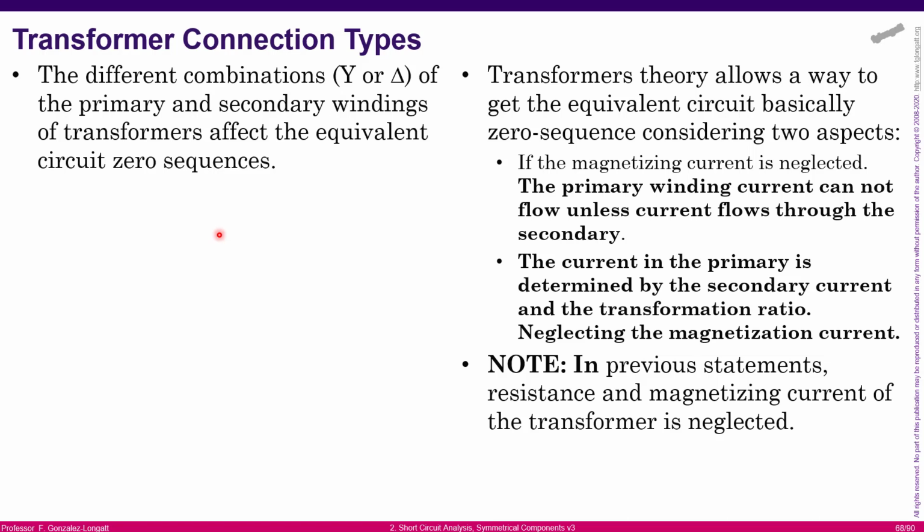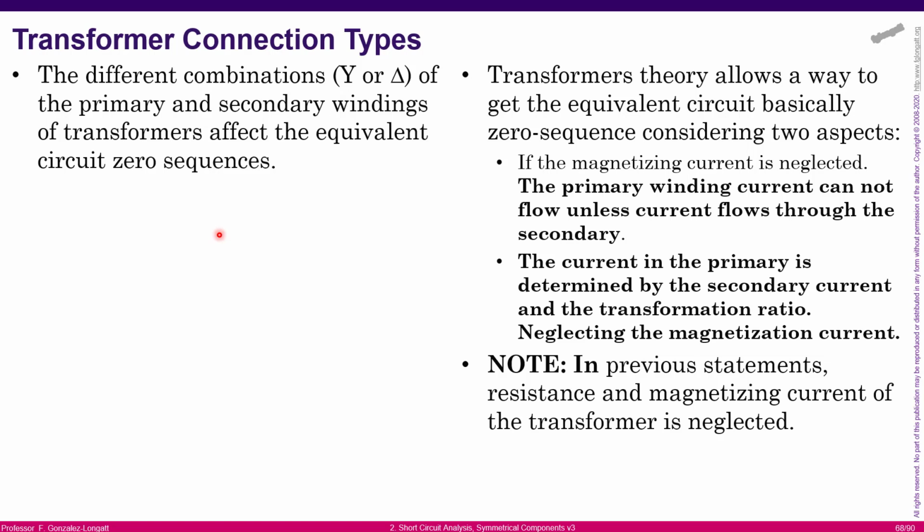And what I need my students to understand is that all those combinations follow a very basic rule, okay? At this moment, I will focus only on zero sequence networks, okay?